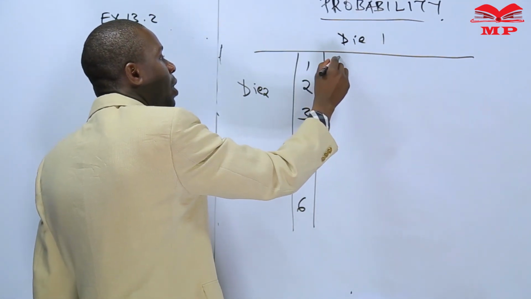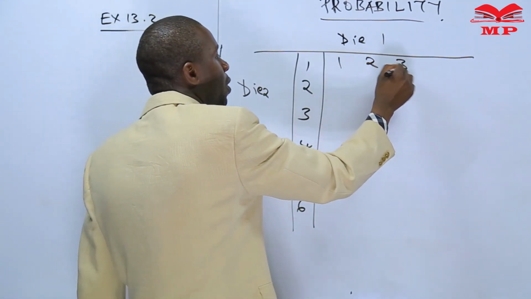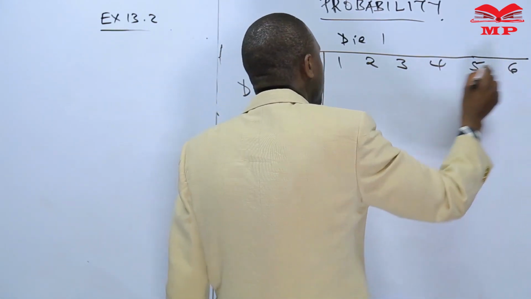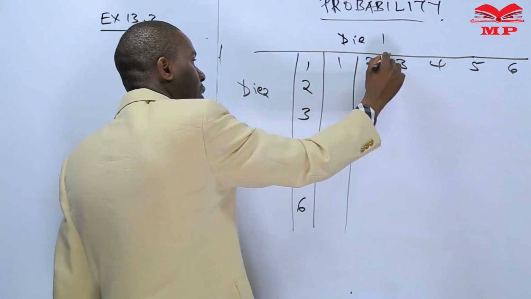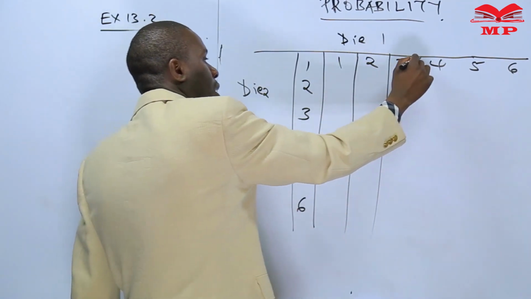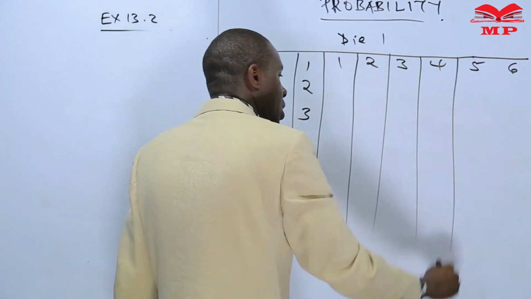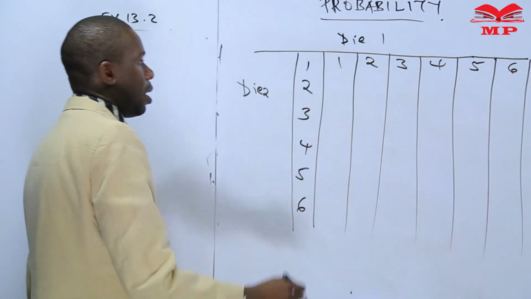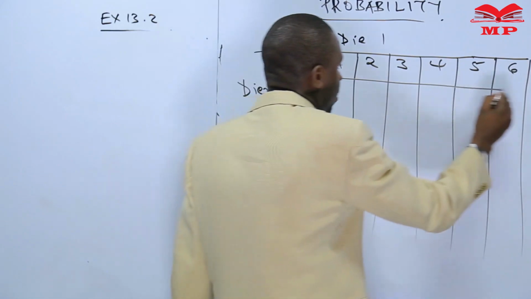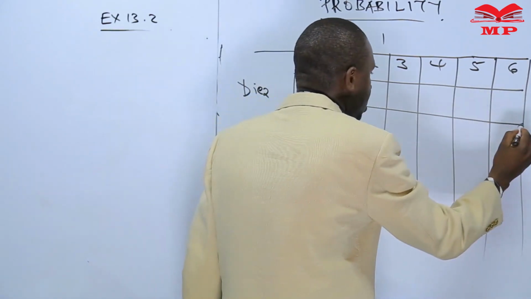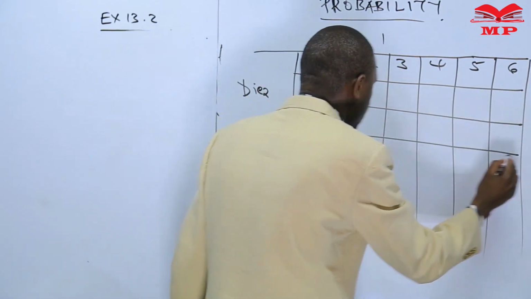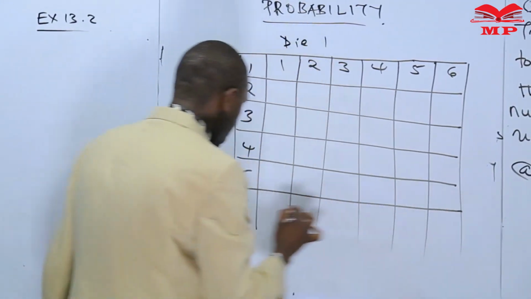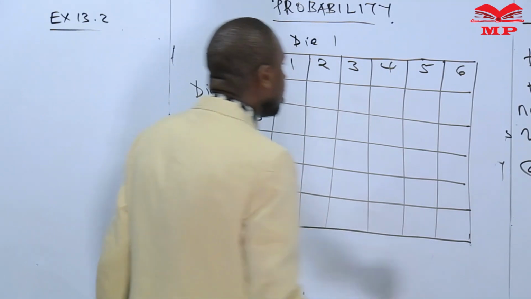Similarly, on this side we can also get 1, 2, 3, 4, 5, or 6. So we can work that way.